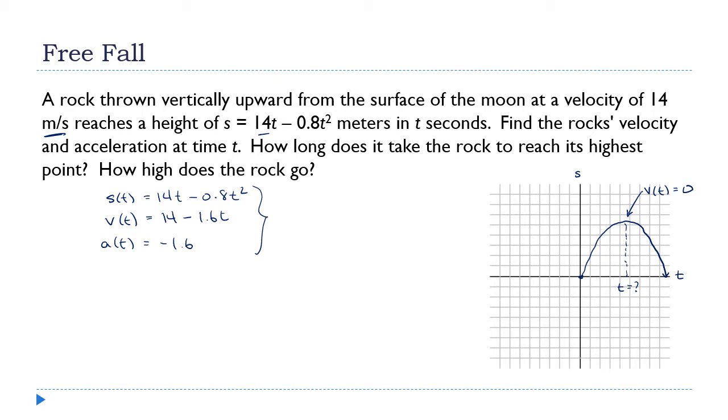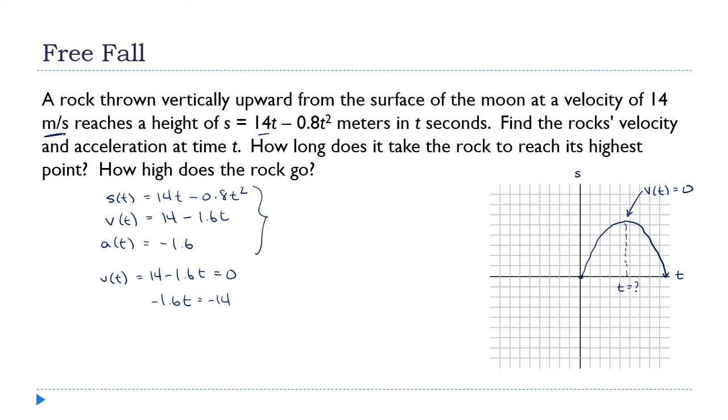So to answer how long it takes to get there, I'm going to take the velocity formula, v of t equals 14 minus 1.6t, and set this equal to 0. And then I'm just going to solve this. I'm going to move the 14 over. Negative 1.6t equals negative 14.